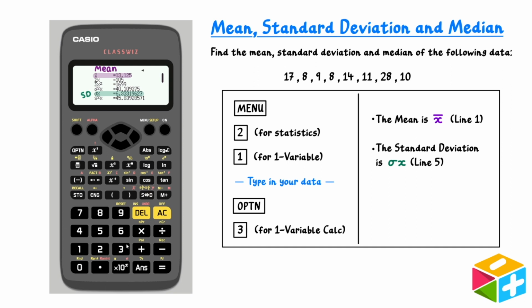The median is not contained on the first page of results. To find it, we'll need to press the down arrow. On the second page of results, there's an entry called MED. This can be found on the fifth line and it will give us the median value.